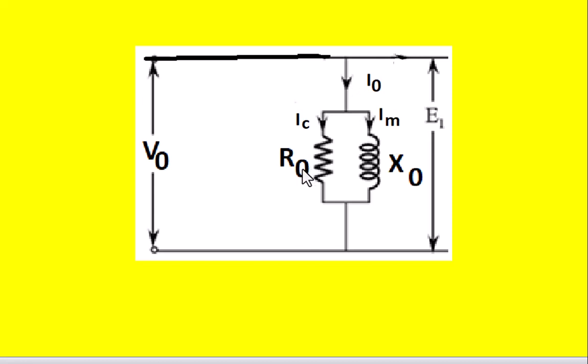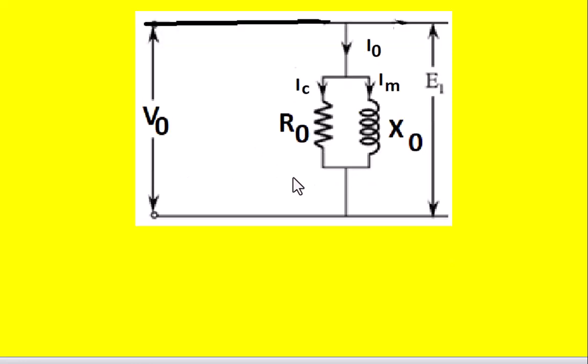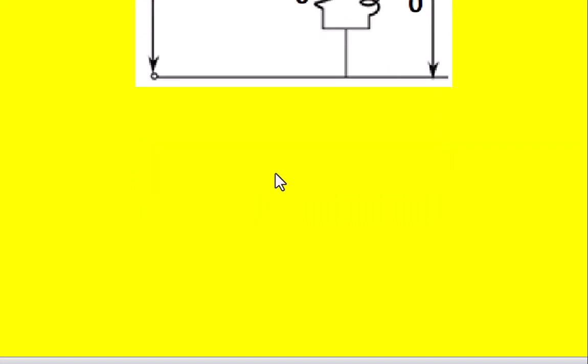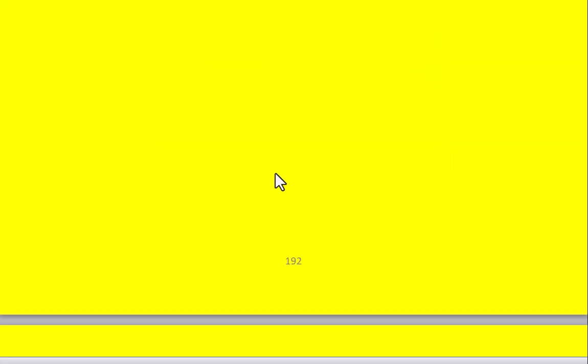R naught can be calculated using V naught by IC, and similarly X naught can be calculated using V naught by Im. So once we know V naught by Im, X naught is known. So this is the equivalent circuit for the no load condition of the transformer. We need this while drawing the vector diagram for different load conditions of the transformer.